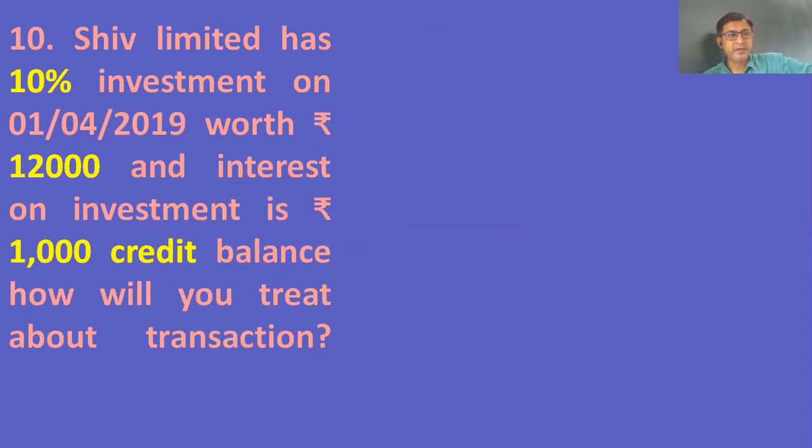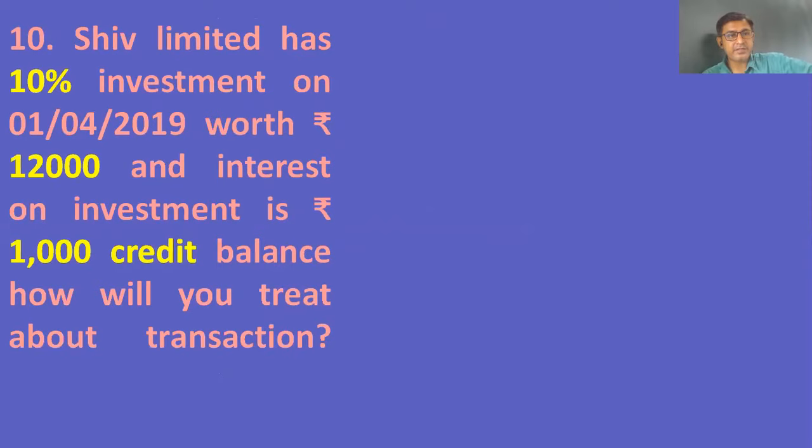Last one. Shiv Limited has 10% investment on 1/4/2019 worth rupees 12,000 and interest on investment is rupees 1,000 credit balance. How will you treat the above transaction? So let us see the information.